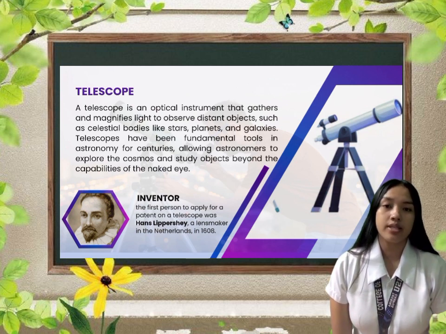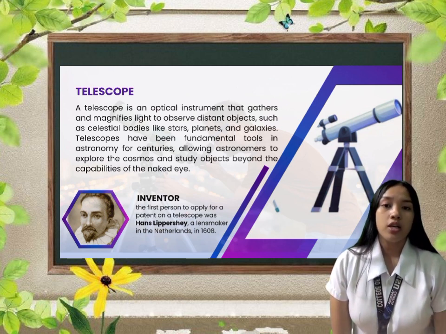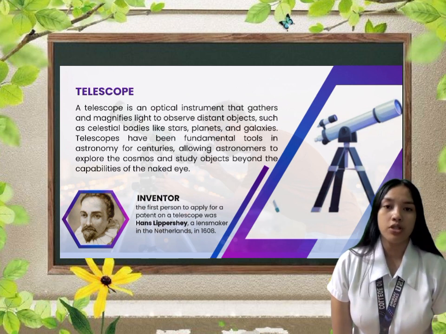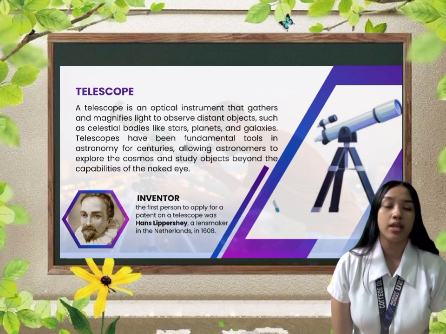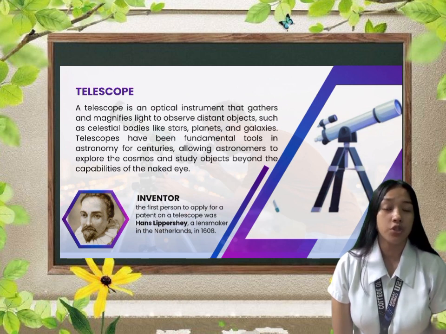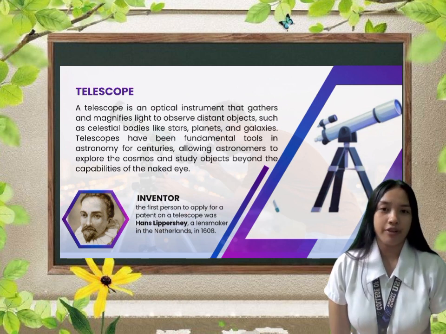Telescopes come in various sizes and configurations, from small, portable ones for amateur astronomers to large, sophisticated instruments used in professional observatories. They can be used for a wide range of observations, including planetary studies, deep sky observations, and astrophotography.